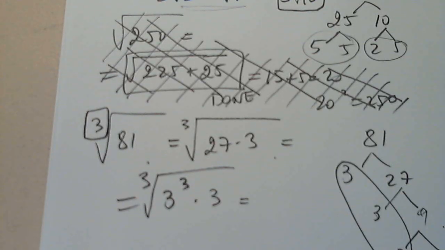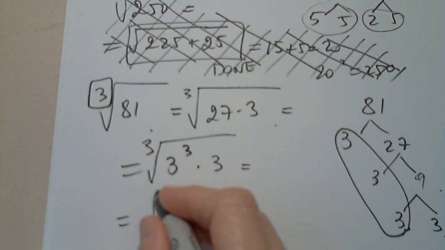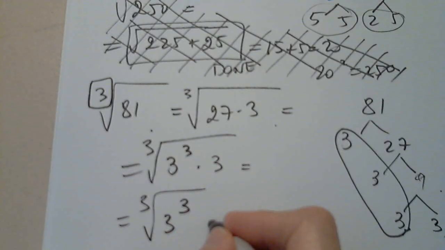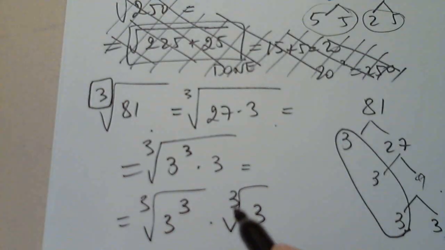So therefore, how do we simplify? We can rewrite it, if you like, as the cube root of 3 to the third times the cube root of 3. Please make sure that you copy the same radical.